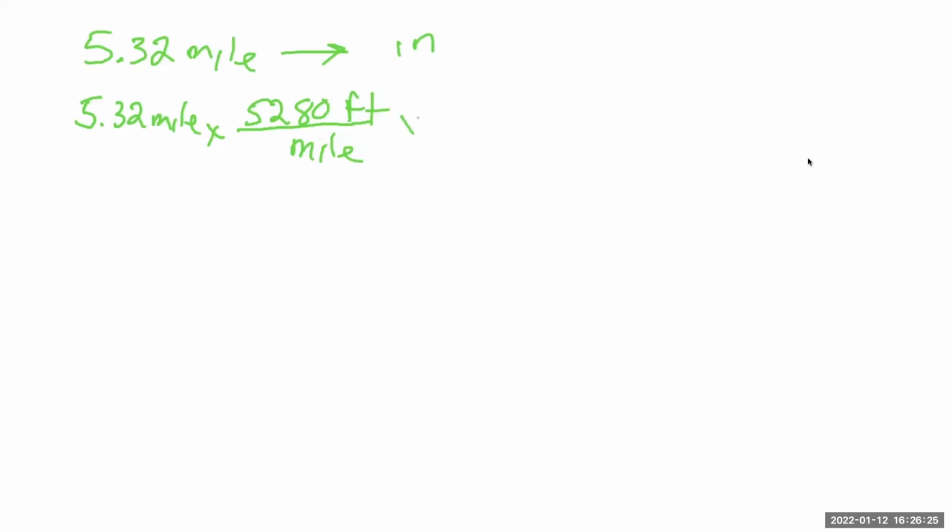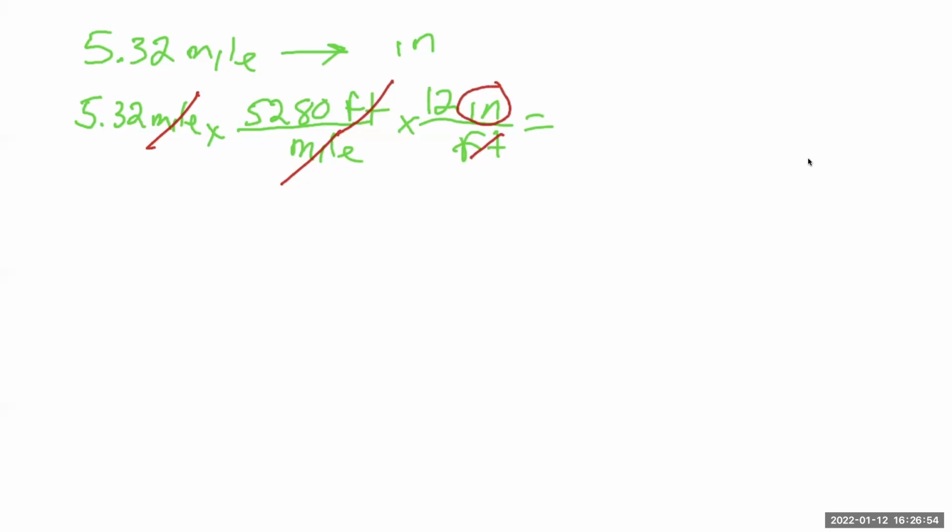Okay, times, and then feet go on the bottom again. And I want to go to inches. So how many inches are in a foot? 12, right? 12 inches make up 1 foot. So what I've done is I've gone from miles to feet to inches, which I wanted.